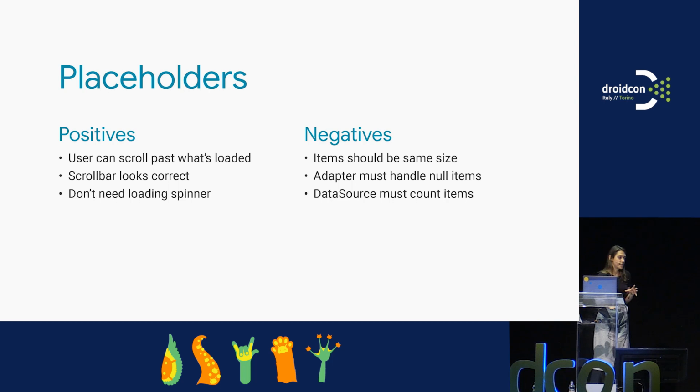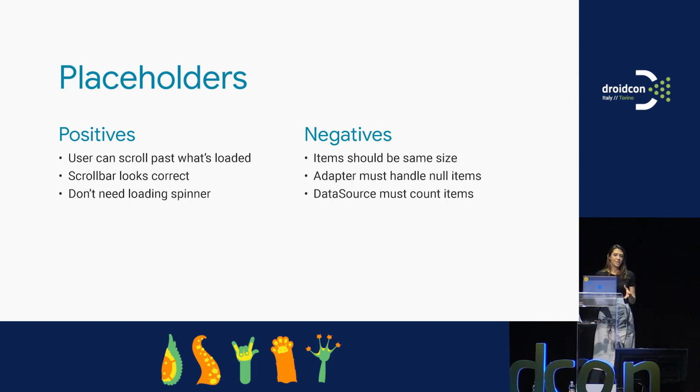The negatives are that the items should be the same size, because if the items are different sizes, for example in a social feed, then you'll end up with some maybe strange animations when, from the placeholders, the item needs to get smaller or bigger, and it won't look that right. Also, you need to implement handling of null items in your adapter.